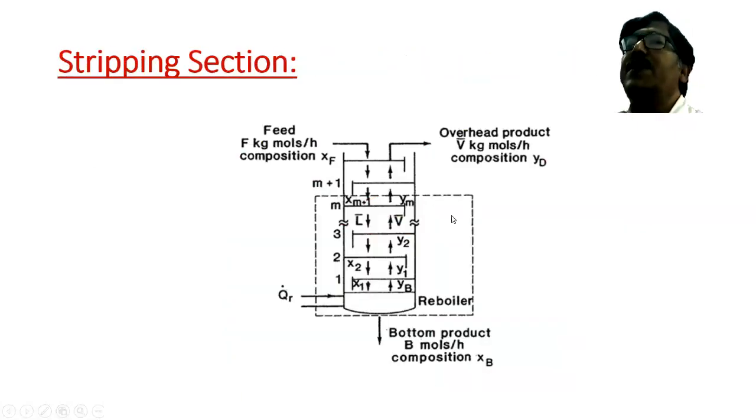Next, similarly for the stripping section, by drawing this envelope, we can do a material balance and get the operating line equation. Here, one difference is that for liquid flow rate we will use another notation, L bar, and for vapor flow rate V bar, and this is the bottom flow rate.